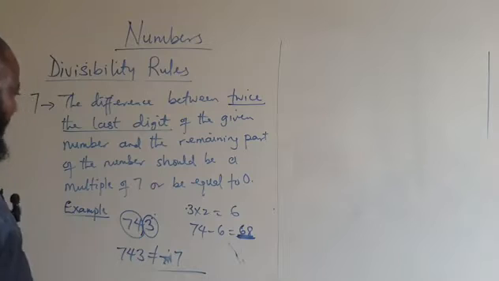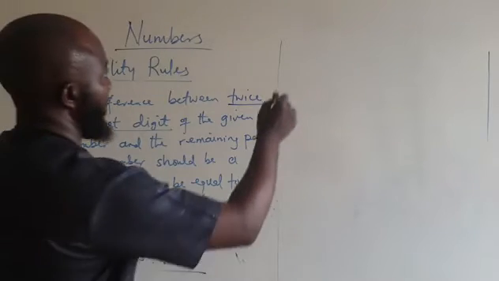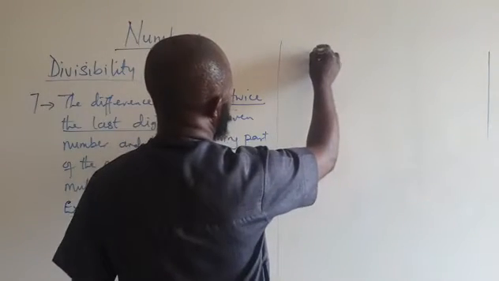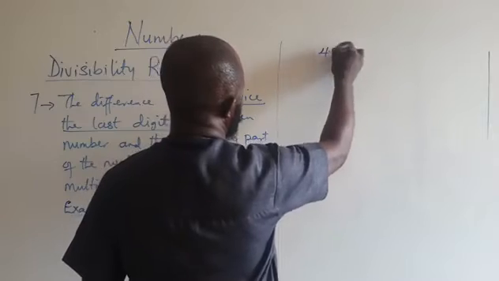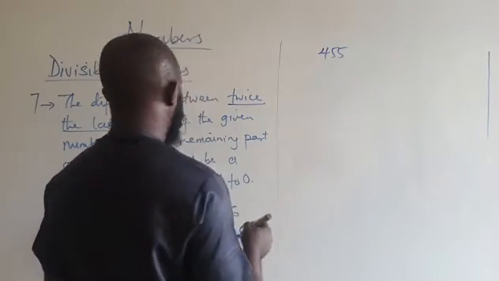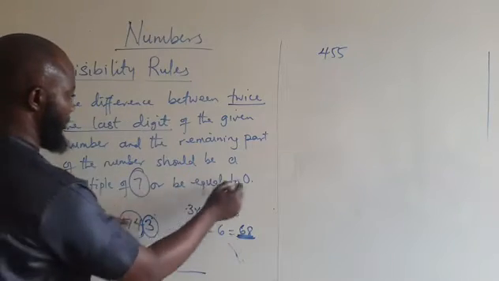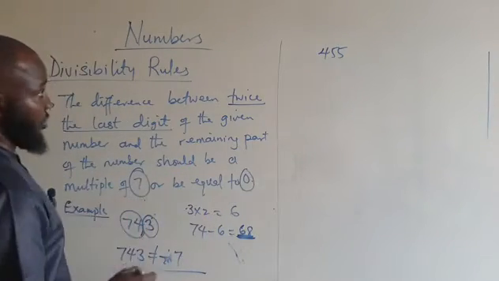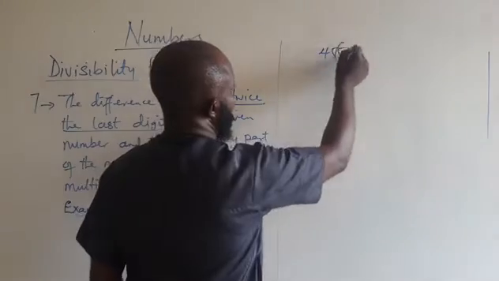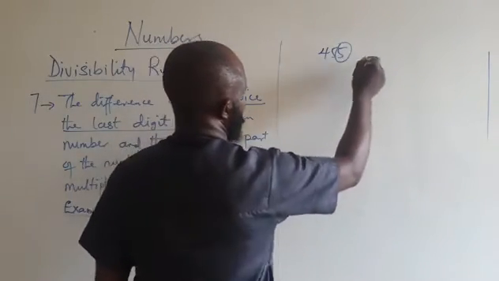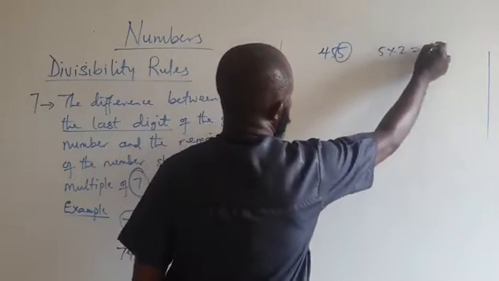So let's look at another example. Let's assume we have 455. Let's check for this one. The rule is that the result must be a multiple of 7 or be equal to 0. So let's look at this one. The last digit here is 5. That is 5 multiplied by 2, which is 10.